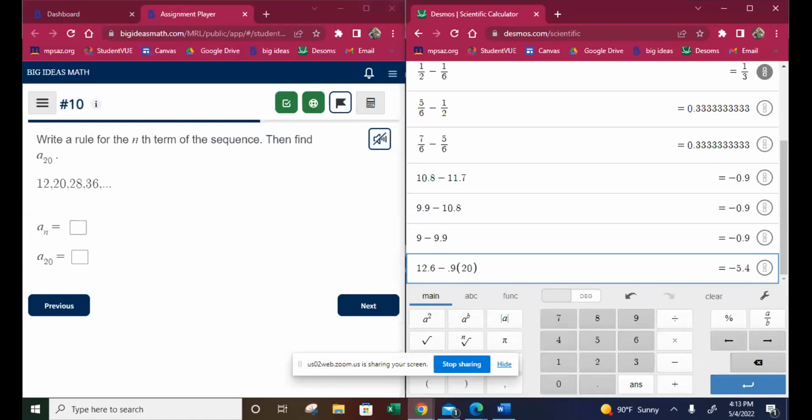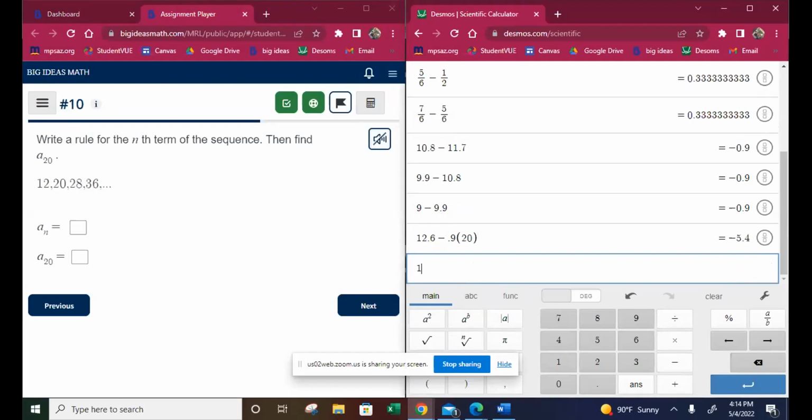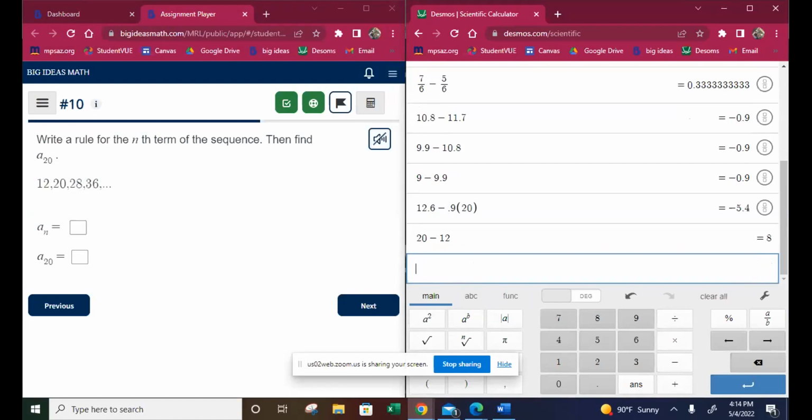Okay, so I'm seeing your screen here. First thing is to look at it and decide, is it going up or down by the same amount? Yeah.